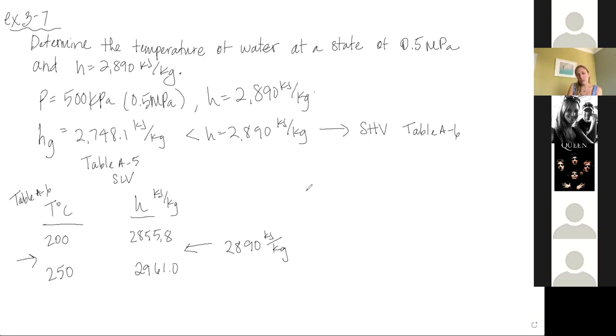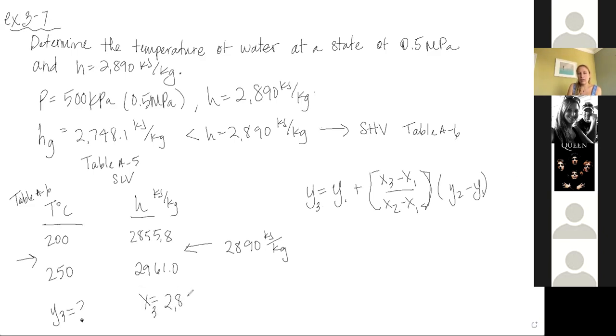If you remember, interpolation was the equation y3 equals y1 plus x3 minus x1 over x2 minus x1 times y2 minus y1. And here your y's are always going to be your unknown. So your y3 is going to be your unknown temperature, and your x3 is going to be 2,890.